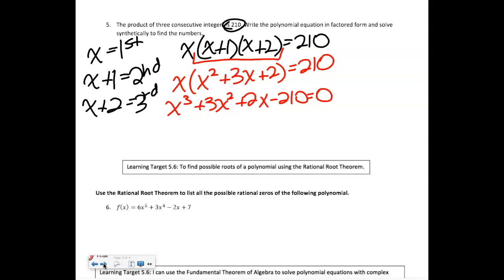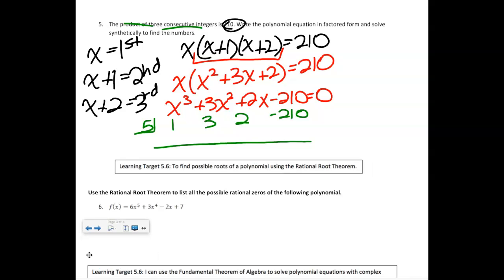So then if we know that just worked, what should I synthetically divide right now? 5. Okay, so we're going to put 5 into the little box. I'm bringing down all these numbers. What should I get at the end here? 0. If I don't get 0, it's wrong. All right, so we know we're right if we get what at the end? 0.